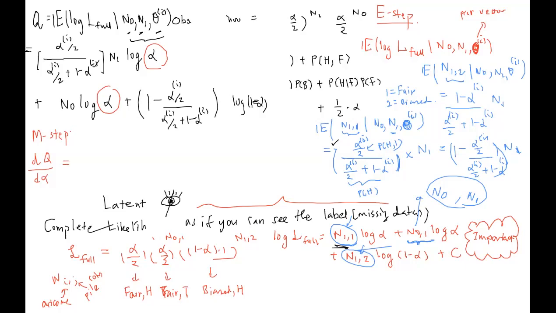So basically you have, over here, I'll just leave it out, right? The whole thing there over alpha plus N0 alpha minus, so this whole thing here over 1 minus alpha, okay? Equals to 0, right? And then you can rearrange this. So let's try to rearrange it a little bit.